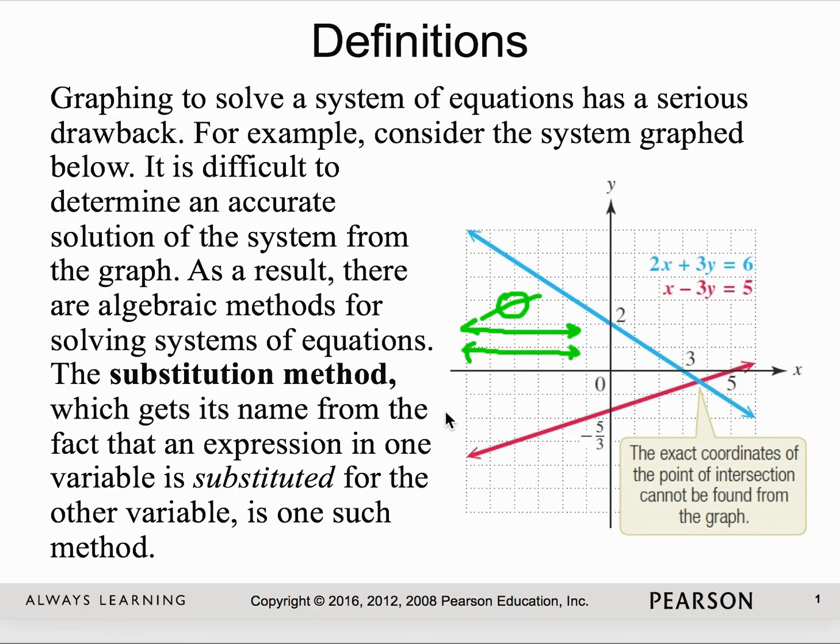Or what if, when we graphed it, it was really just the same line on top of each other? Then we're back to having an infinite number of answers because every point on the line would satisfy the entire system. Okay, so we'll talk about those as we get to it.